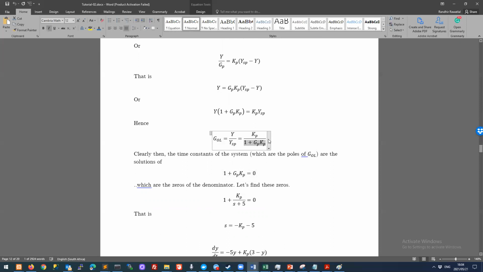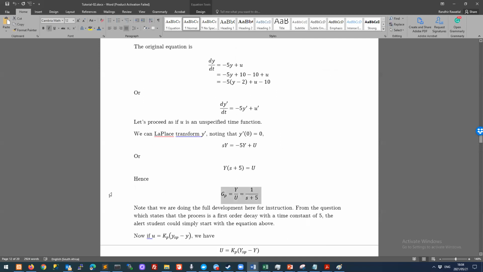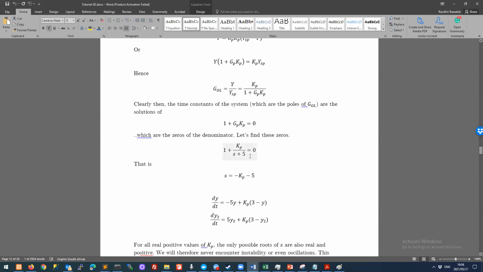So we now just have to look at this denominator, 1 plus Gp Kp, and look for where it goes to 0. For Gp, we've already worked out the process itself. If you look up here, you'll see we worked out the process itself is 1 over s plus 5. So here is 1 over s plus 5.